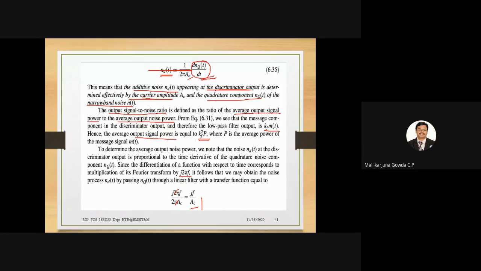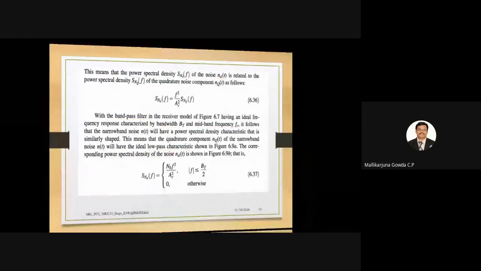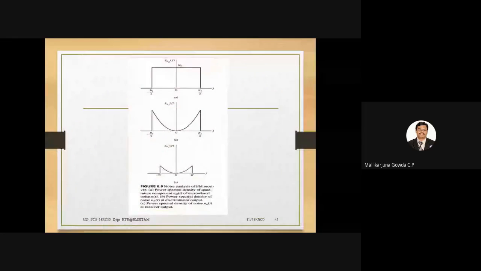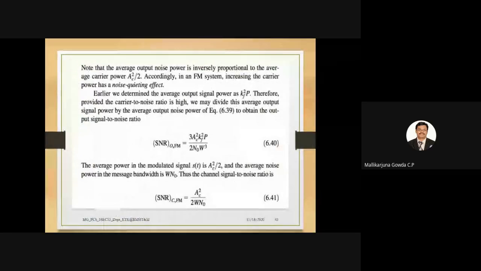So K_f squared P is the average power of the message signal, and we found the average noise power. If you take the ratio of those two, you will get the expression for the output SNR. So the output SNR for the FM signal will be this. I hope we'll be able to understand this.